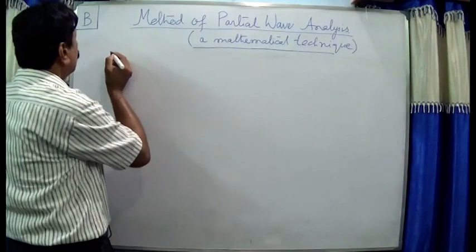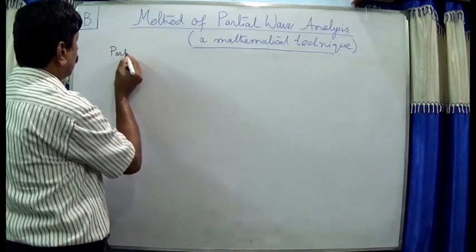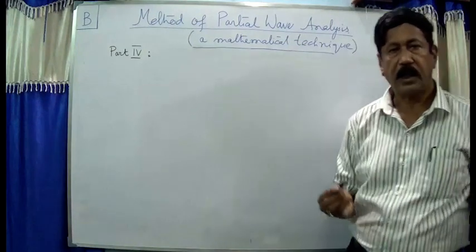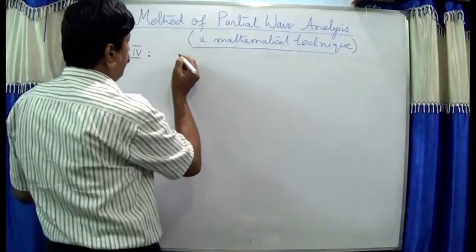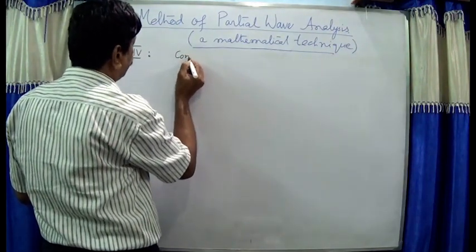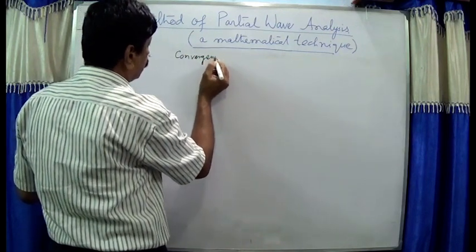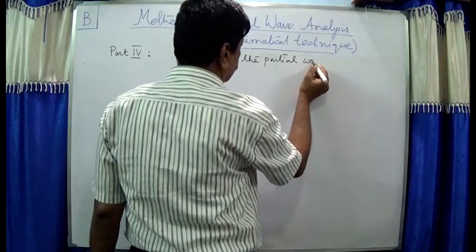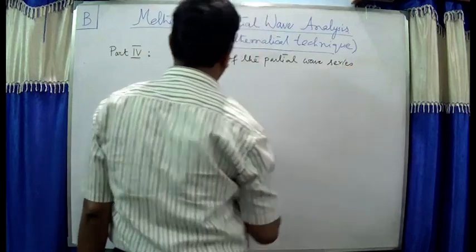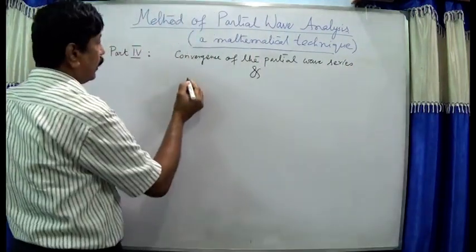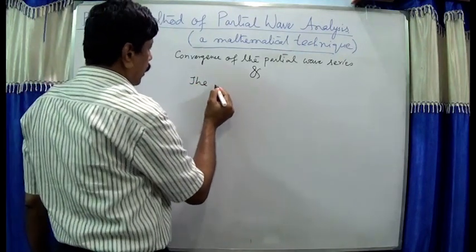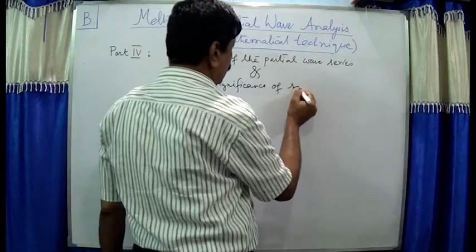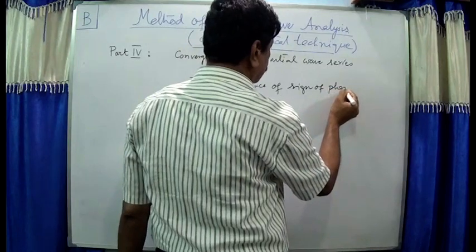We shall now pass over to part 4. In part 4, we shall discuss 2.1, the convergence of the partial wave series, and the significance of the sign of phase shift.